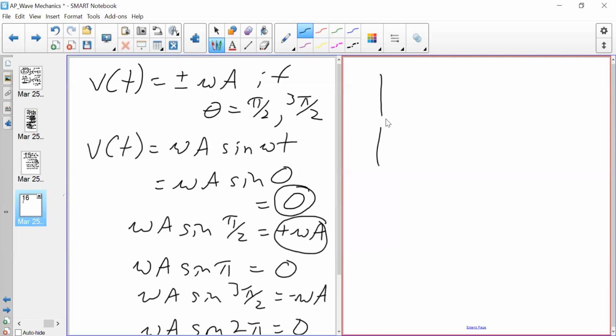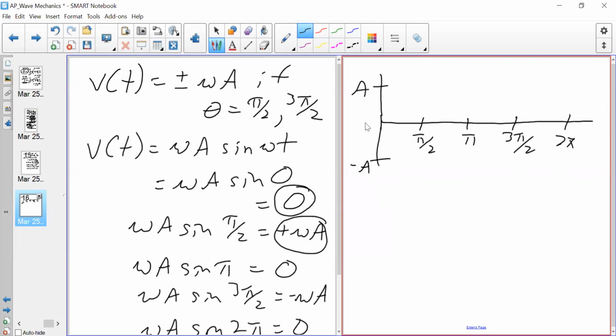So this is a sine function, as you can see there. Okay, pi over 2, pi, negative A, and then positive A, and 0.